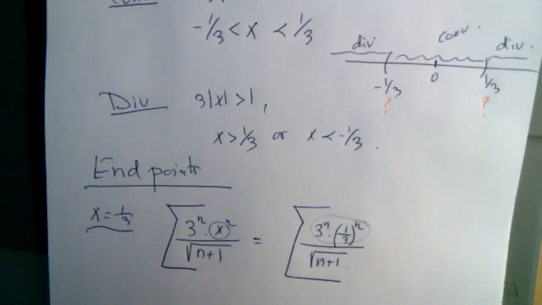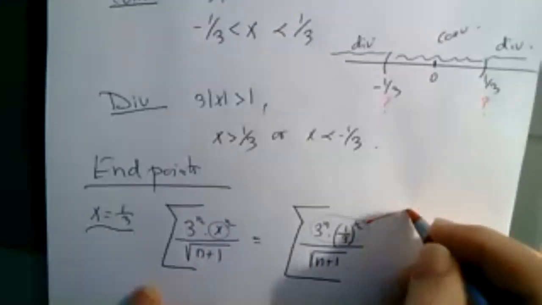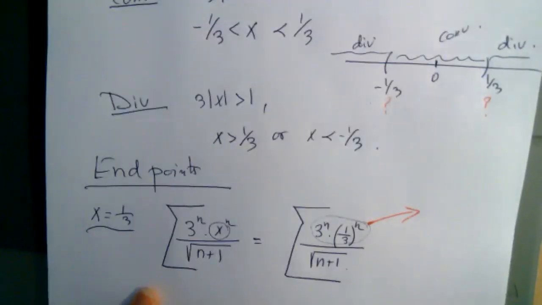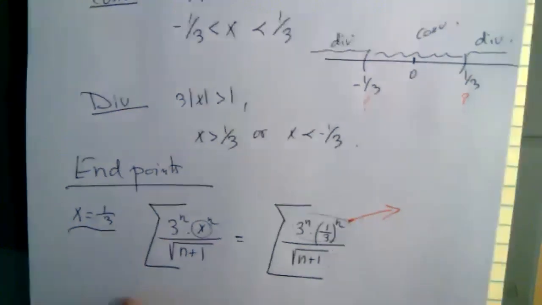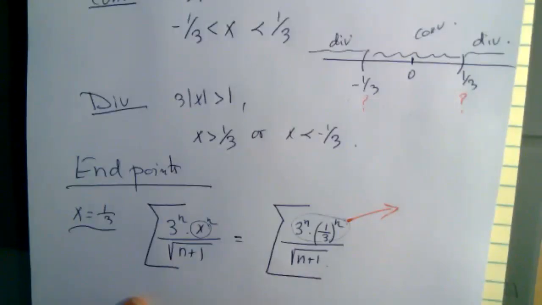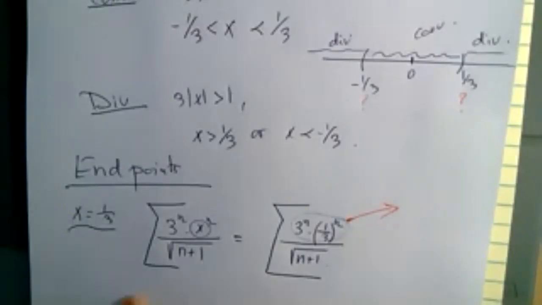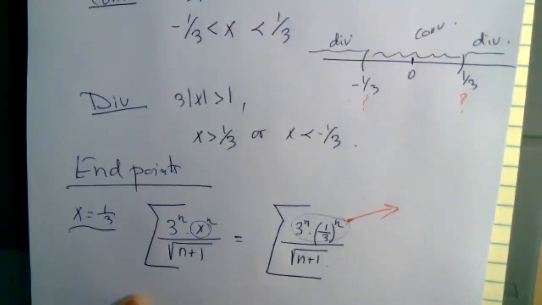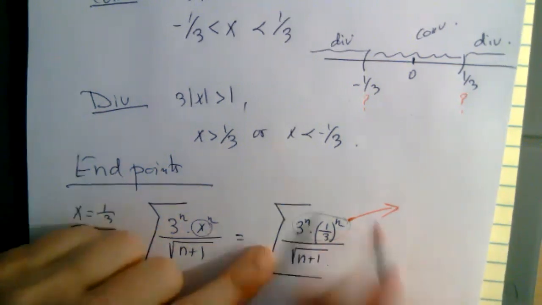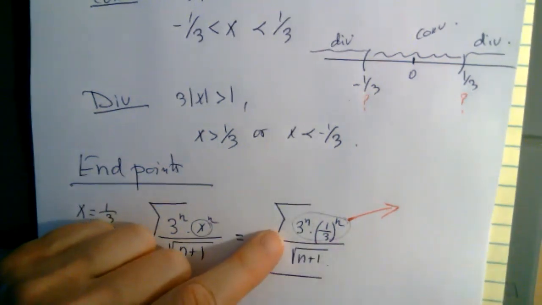Let me take this piece right there, 1/3 to the n. This is equal to what? On chat, can anybody see what this is equal to? Anybody can see? This is 1 to the n, which is what? Which is 1.